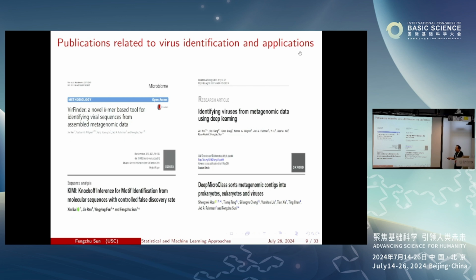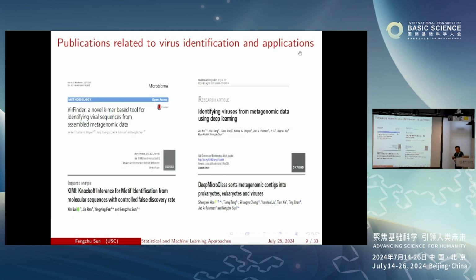Then 3 years later, we had deep learning, and we extended this work to deep learning, and we also extended the database, the training data. Those two studies play a very important role in the field of phage or virus studies in microbes. In particular, DeepVirFinder has been used widely in the development of phage databases.